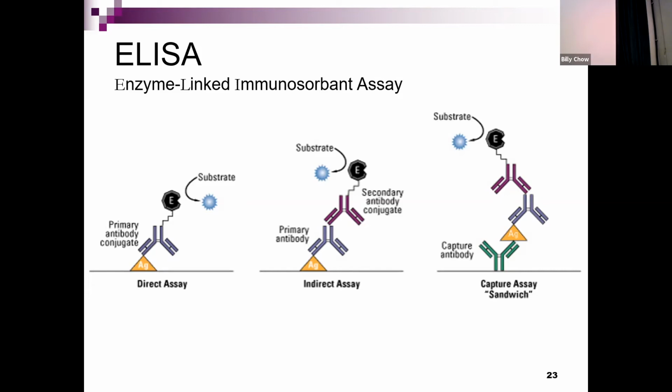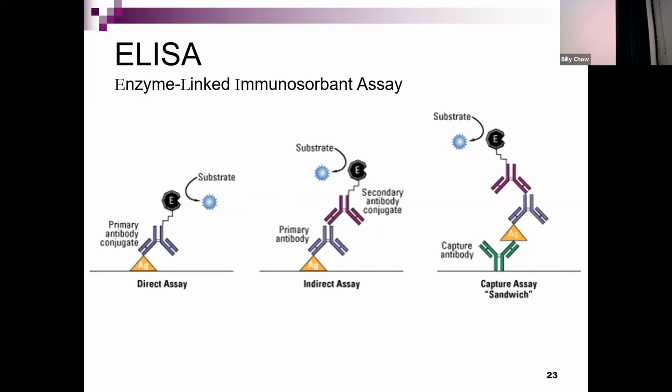The third one is called sandwich ELISA, and it could be a direct or indirect sandwich. So if you have a capturing antibody, you coat the ELISA plate with, and this will be responsible for capturing the antigens.